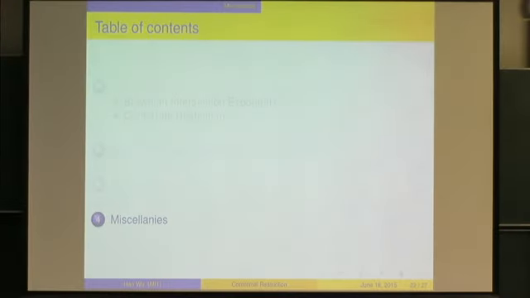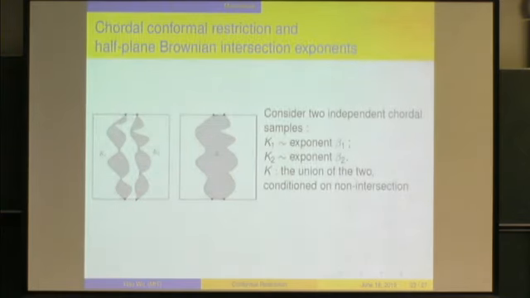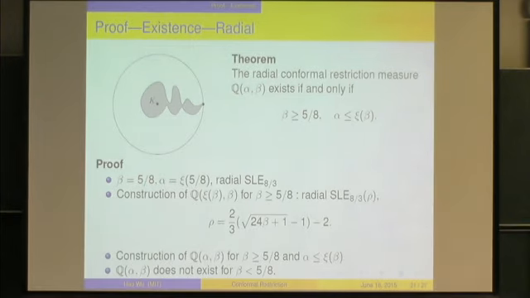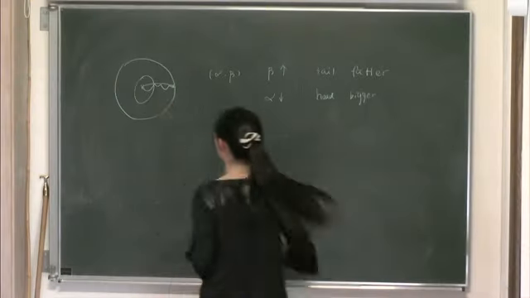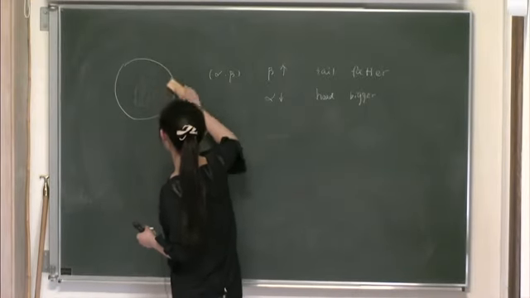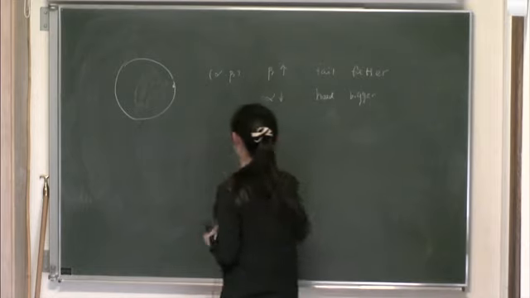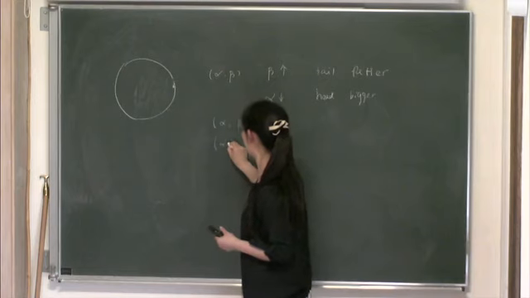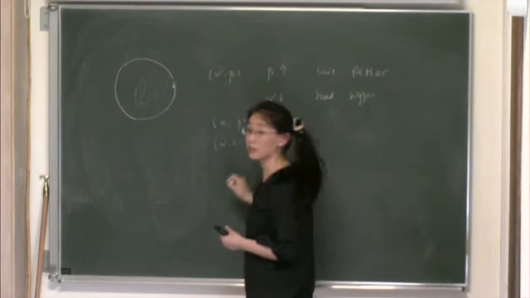Next, I want to talk about some related questions and properties. Is it clear that it does not exist with alpha exceeding this C beta value? Yes, the observation here is that if we have a random set alpha beta and we put some Brownian loop soup, we will get a smaller alpha.